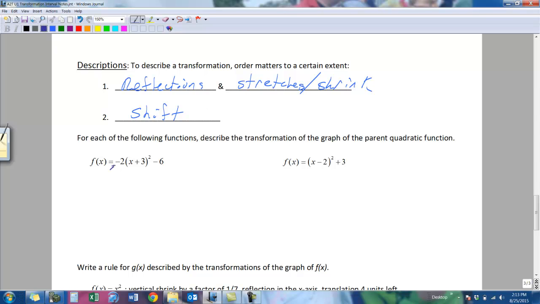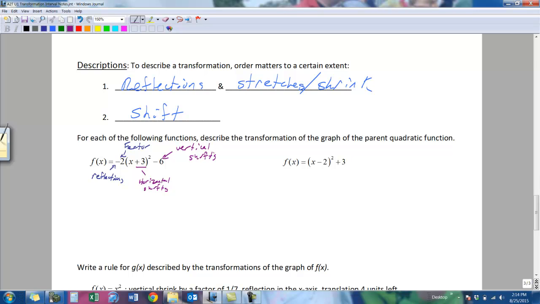First of all, if there's a negative, that talks to you about the reflections. This 2 here is going to tell us whether it stretches or shrinks and by what factor. Then hopefully this -3 is familiar, this is the horizontal shift. And then k is the vertical shift.